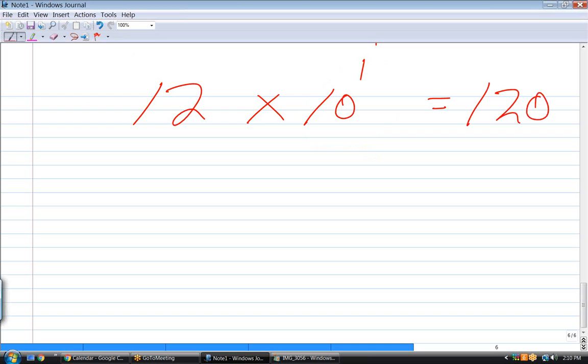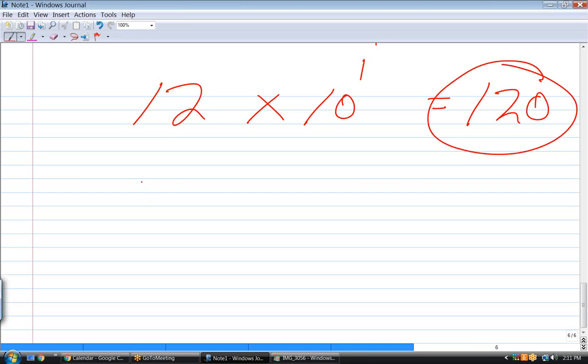So now, the key is, this gets tricky to memorize: which way you move the decimal point, and whether you move it left or right, do you add or subtract from the exponent? Well, I know that number is 120.